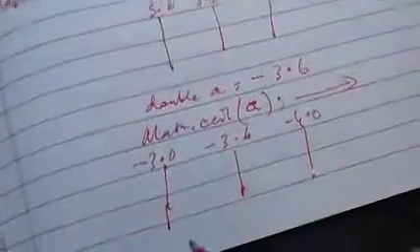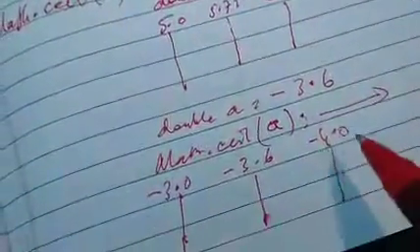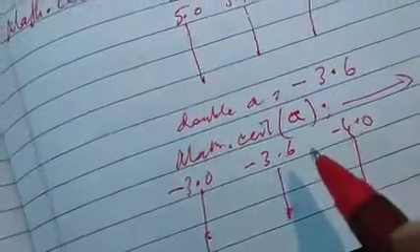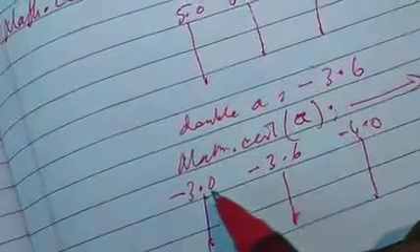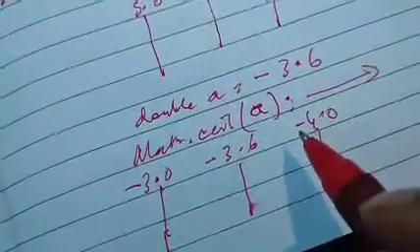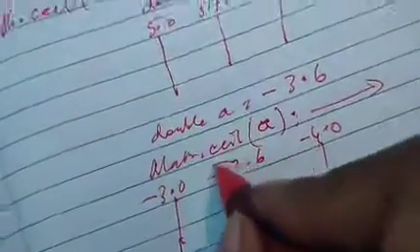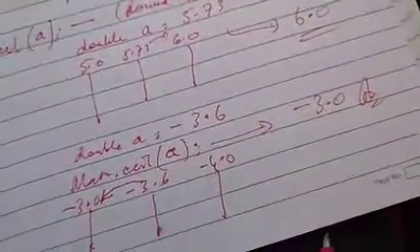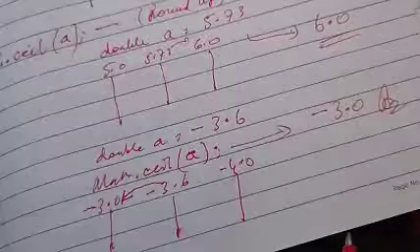Which one is greater? Remember, minus 3.0 is greater and not minus 4.0. In the case of negative numbers, it is opposite. So it will move on to the bigger one, and therefore the answer in this case will be minus 3.0.